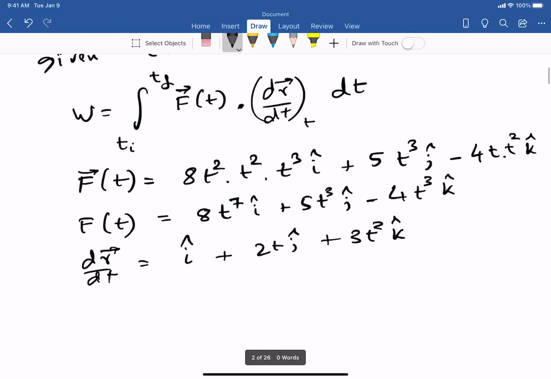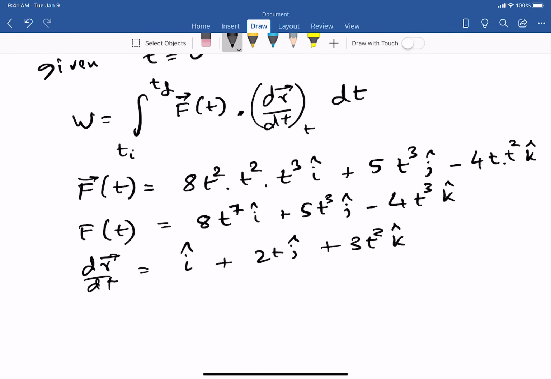Alright, and then what we have to do is take a dot product of these two. So that would be 8t to the power of 7. I'm basically multiplying the x components, multiplying the y components, multiplying the z components.